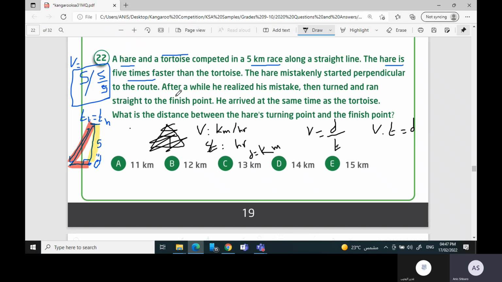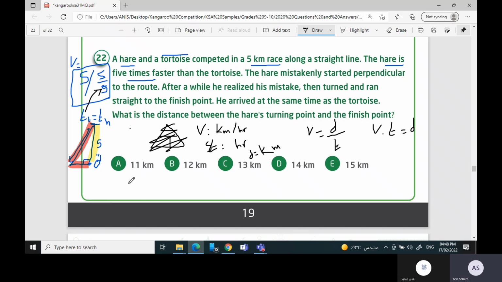Now, let's use what we have. I have that the time for both is equal. So, T is equal, let's divide by V on both sides. T is equal to D over V. So, T for the tortoise with a speed of S over 5 is equal to what?